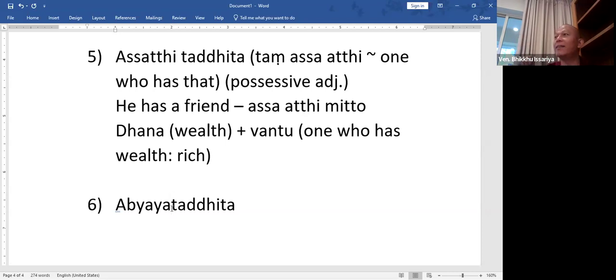Vyaya means broken, changed. Abhyaya means not changed. Vyaya means changed, Abhyaya means not changed. Ever we can find tatha, ever we can find idha. Idha never becomes Ido or Ida, like Buddha. That is called Abhyaya.